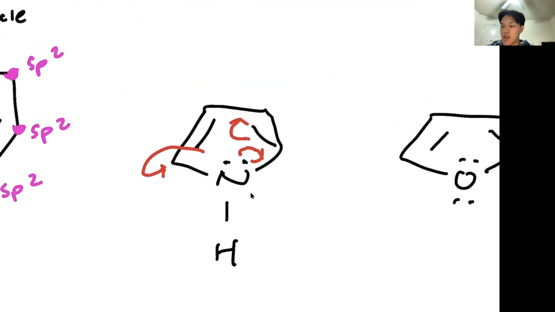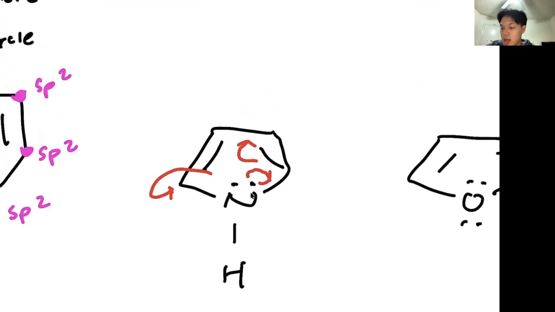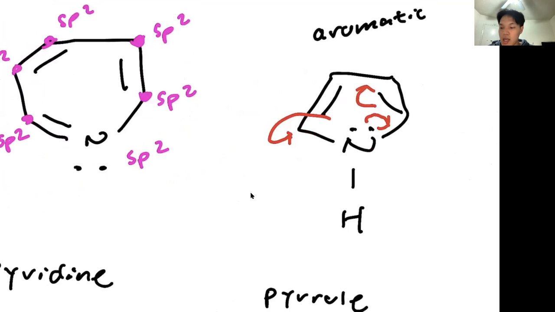And if you take a look closely, each carbon is now sp2 hybridized, and there are also 1, 2, 3, 4, 5, 6 pi electrons because the lone pair from this nitrogen is involved in making the molecule aromatic. So in this case, it is aromatic, right? We don't count the lone pairs if there is a double bond already connected to the nitrogen. We only count the lone pairs when there is no double bond connected to that element, okay?